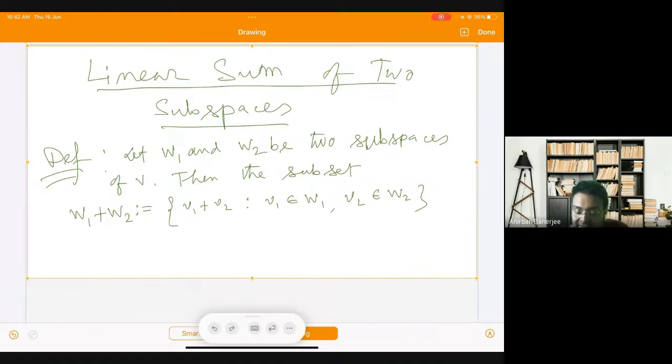So this subset is said to be the linear sum of the subspaces W1 and W2.